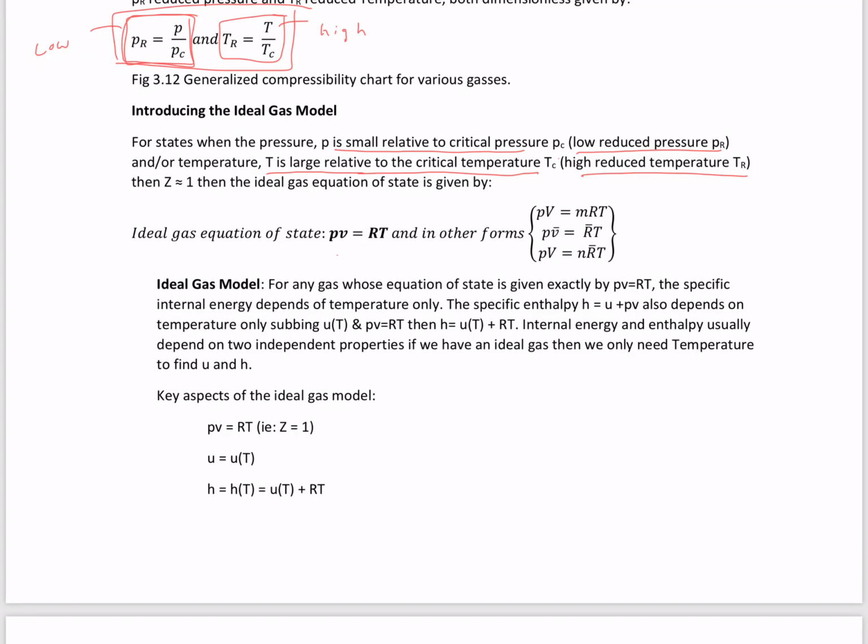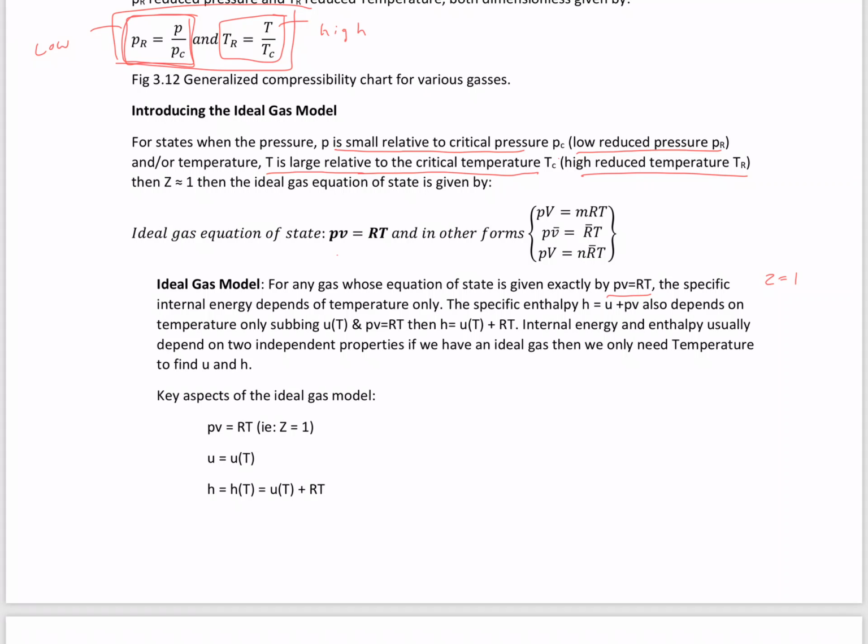We have pressure times volume, and that one includes mass on the other side, and so on a per mole basis, and so on. So for an ideal gas model, any gas whose equations are given exactly by PV equals RT means we have a Z of 1.